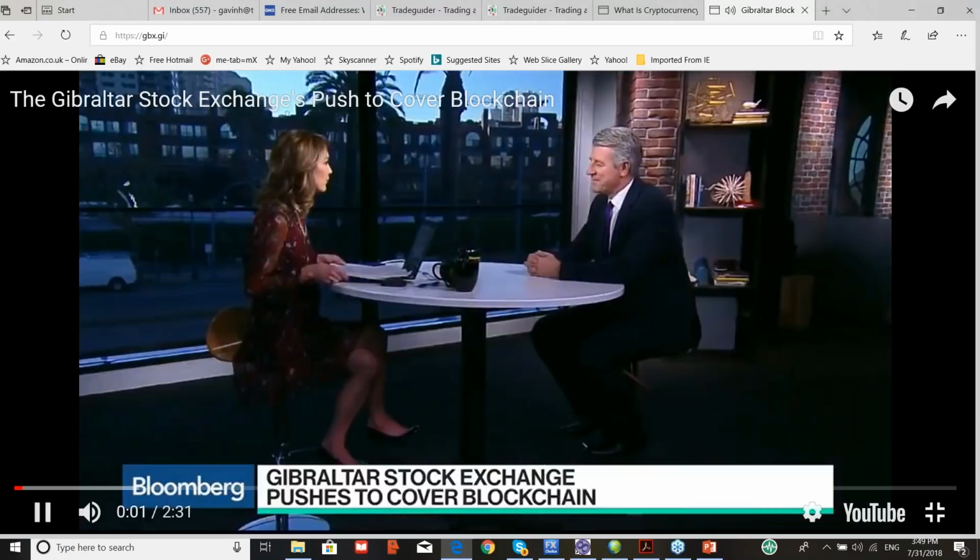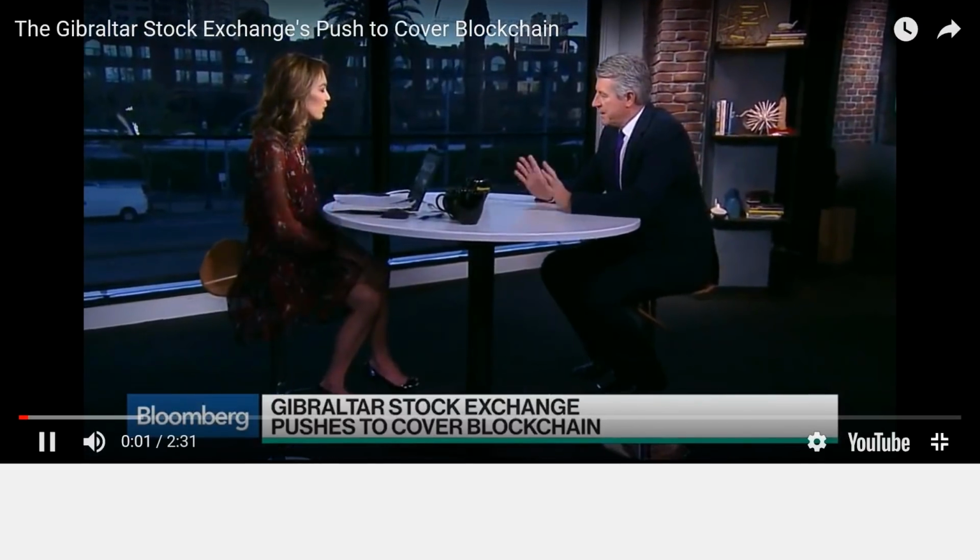So how will this work? We're taking everything that we understand about running a traditional stock exchange and applying it to a space where currently there are no rules. So we've seen a huge explosion in token generation events, ICOs, whatever you want to call them. $3 billion raised this year. It seems to be a great way for startups and fintechs to actually access funds.